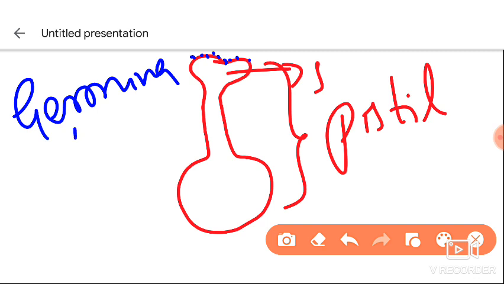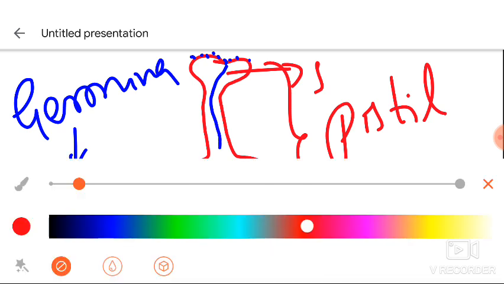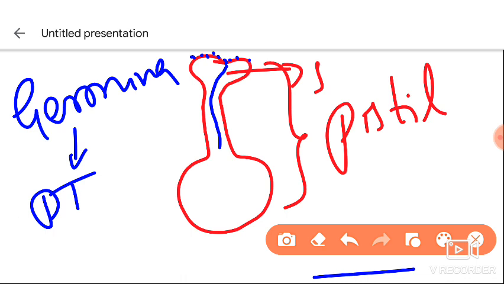And when they undergo germination, the pollen tube is going to develop here. Like this, there is a development.